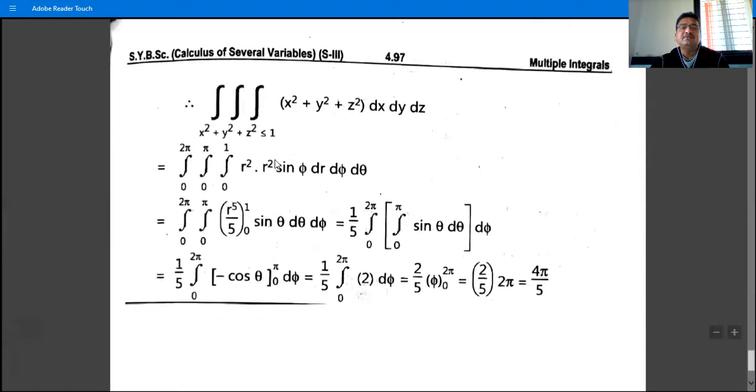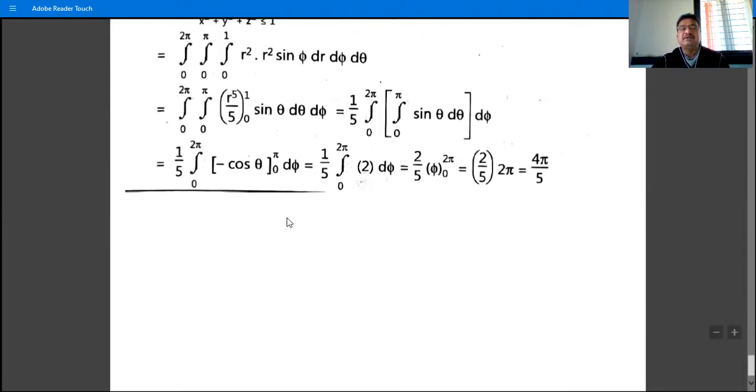Then integrate first with respect to r: r raised to 4, its integration is r raised to 5 by 5 from 0 to 1, value at the upper limit minus value at the lower limit. Then with respect to phi, the integration of sin phi is minus cos phi from 0 to pi.